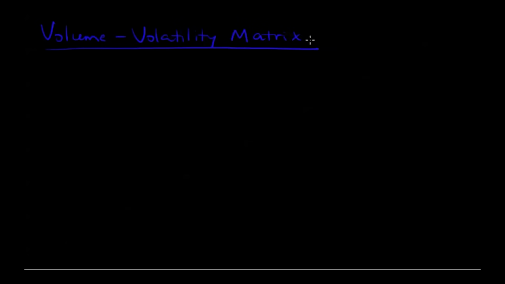So the first thing we're going to go through is called the volume volatility matrix. What we want to cover with it is to show the various market conditions and how we can trade in each one.